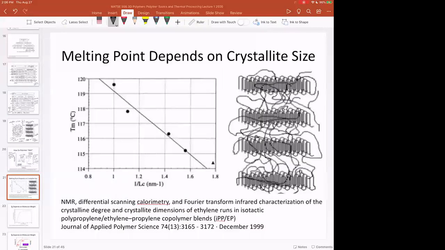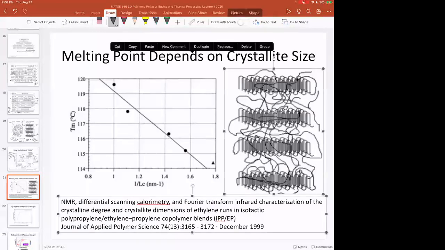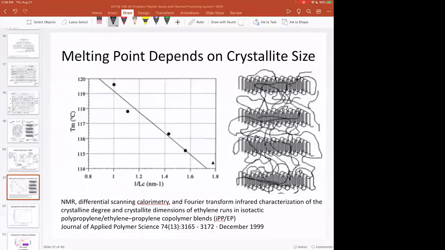So this gets back to the point that I mentioned on the previous slide, that TC and TM are different in polymers, and we can also vary the TM by changing the lamellar size or the crystallite size.